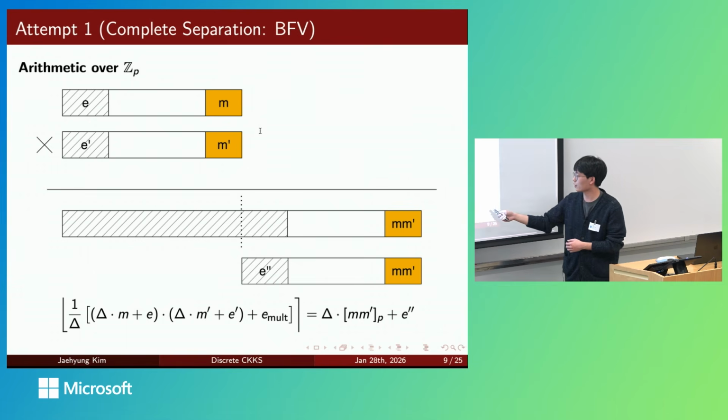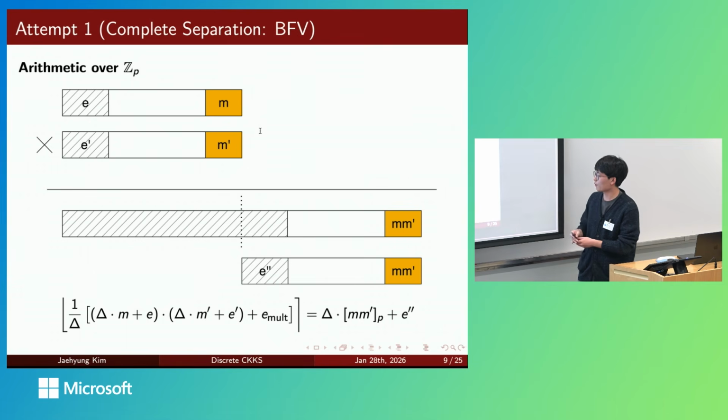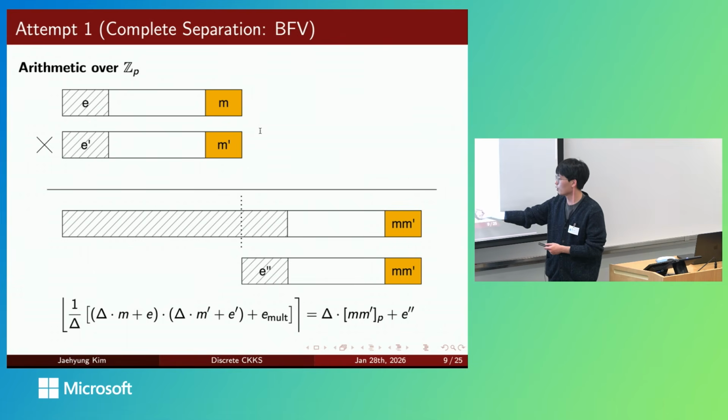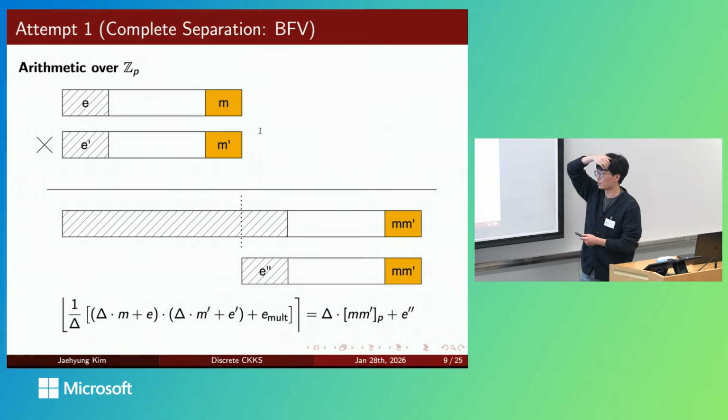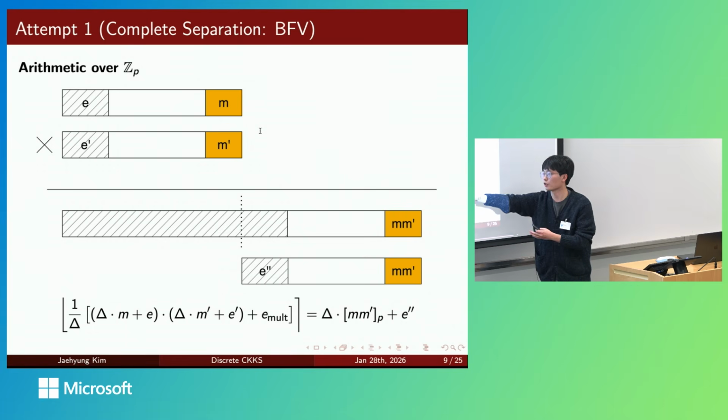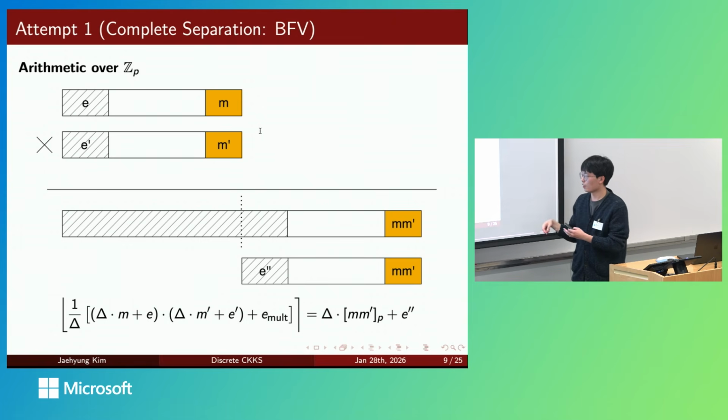If you look at this formula, you can observe that every time you multiply, the error would grow roughly by the size of the message. And therefore, the error, e double prime, is always larger than the initial errors e and e prime, and they will accumulate throughout the computations.